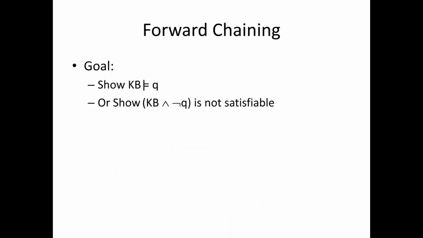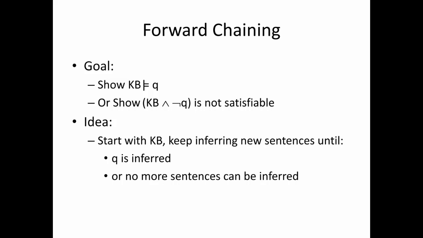So how does forward chaining work? Again, we're working with the same goal of trying to infer something new, say Q, from our existing knowledge base. So we can either directly show that the knowledge base entails Q, or we can show that the knowledge base and not Q is not satisfiable. The way forward chaining works is this.